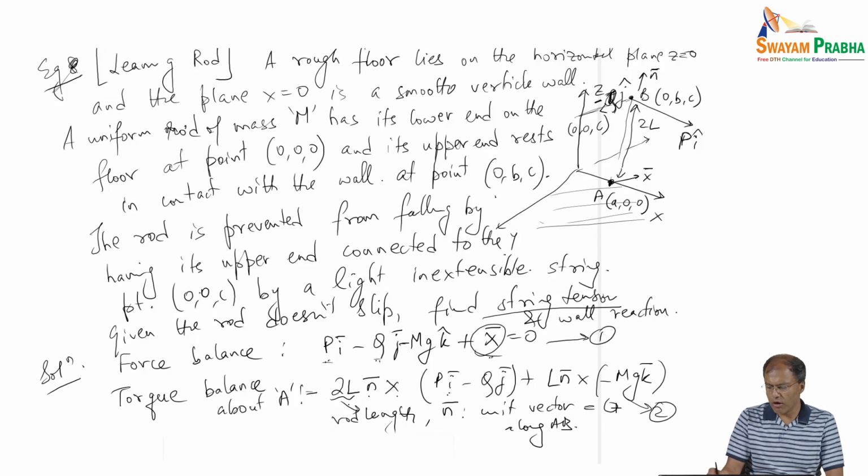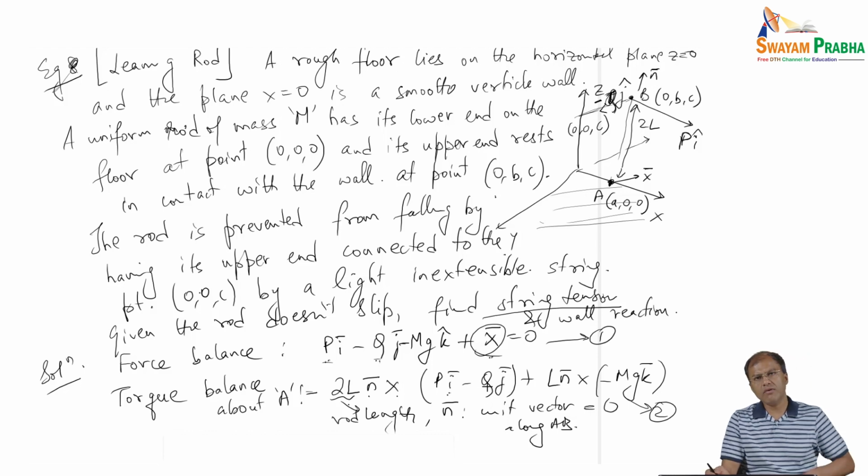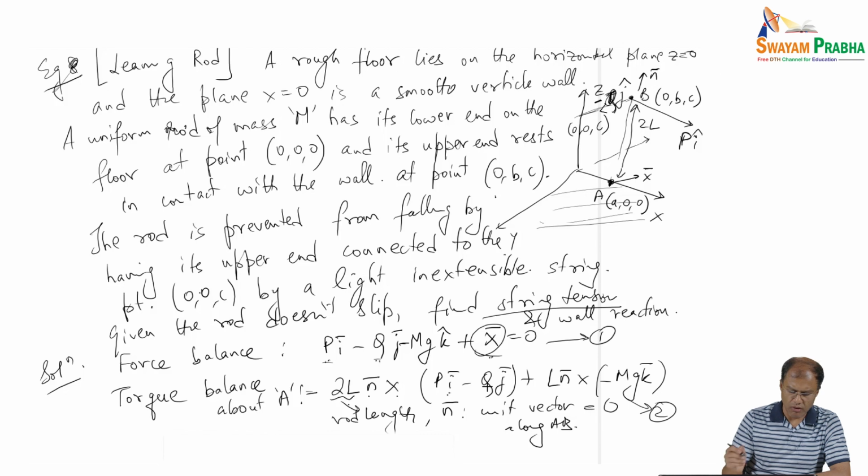If we take the dot product of equation 2 with I, we completely eliminate P and get an equation for Q. Similarly, if we take a dot product with J, we completely eliminate Q and get an equation for P, and that is how we solve.